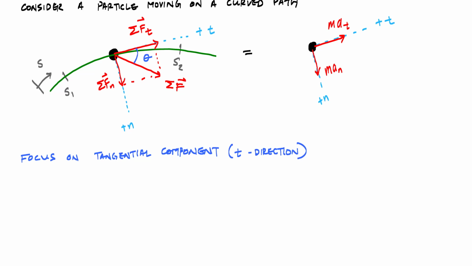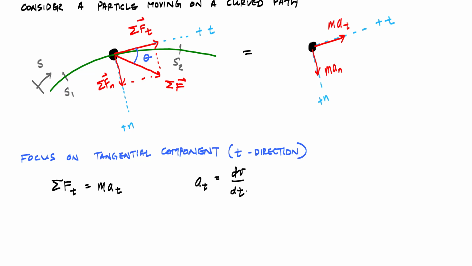And so if I write the equation of motion, or Newton's second law, in the tangential direction, I would have the sum of the forces in the t equals m a_t. And we know from our understanding of normal and tangential components that this acceleration in the tangential direction, like we're looking at a 1D motion case, has our very popular kinematic relationship for a particle, dv/dt.